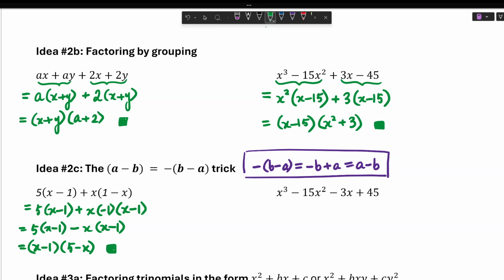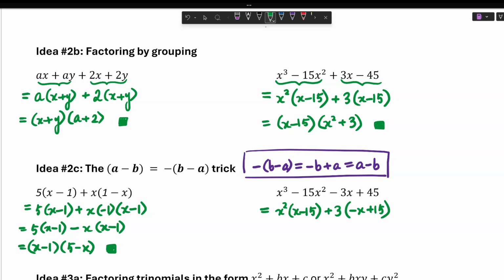Okay, another example, let's say we have this cubic here, x cubed minus 15x squared minus 3x plus 45. Very similar to the example above it, except some of the signs have been switched. So let's say that on your first pass through this question, you just factored out positive 3 and you left negative x plus 15, and you're staring at this wondering, is that factorable?